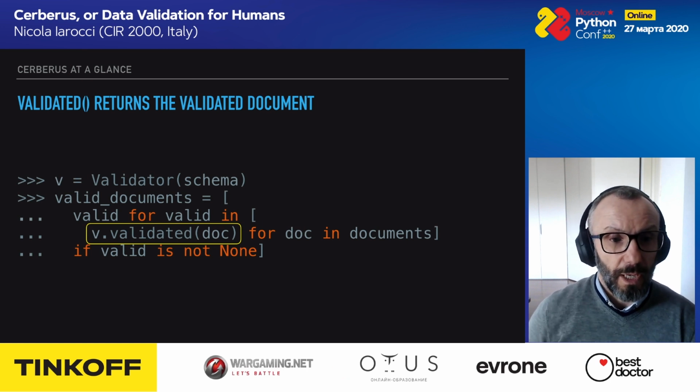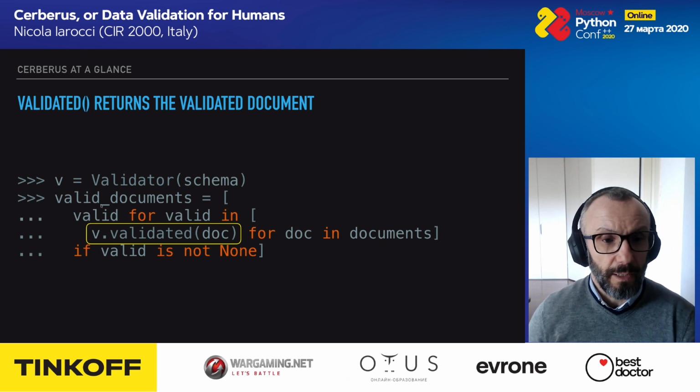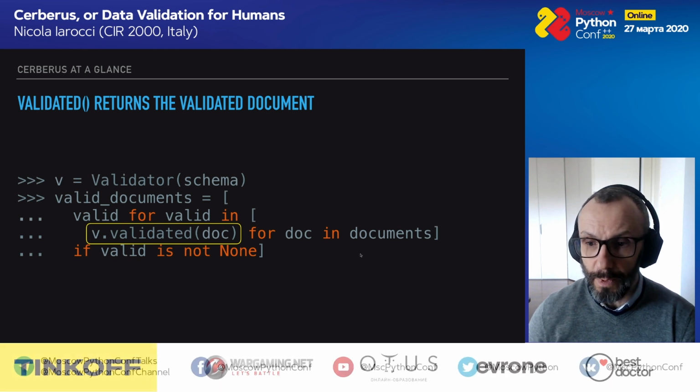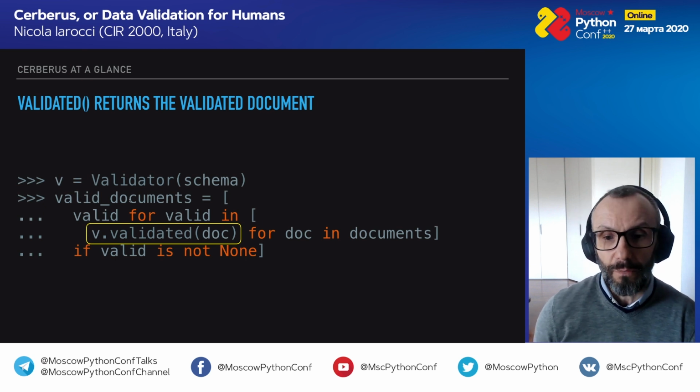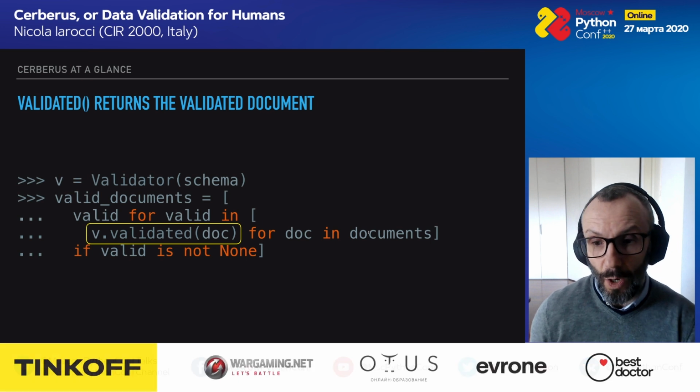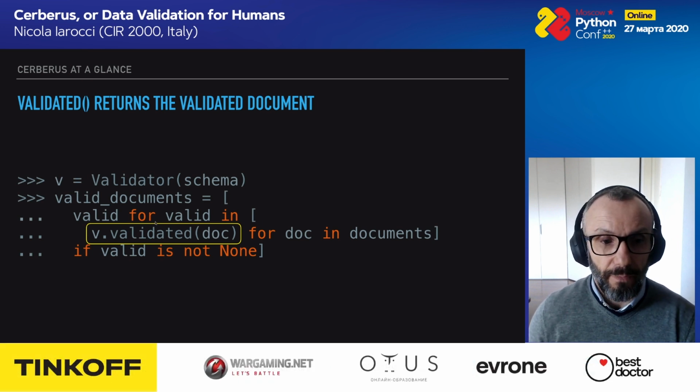Here we are using a list comprehension, submitting a list of documents, and selecting only the valid documents, which are going to be returned in our list. So basically, give me all the valid documents out of this probably huge list of documents. And since validated returns the document only if it is valid, it is very easy and convenient to do.